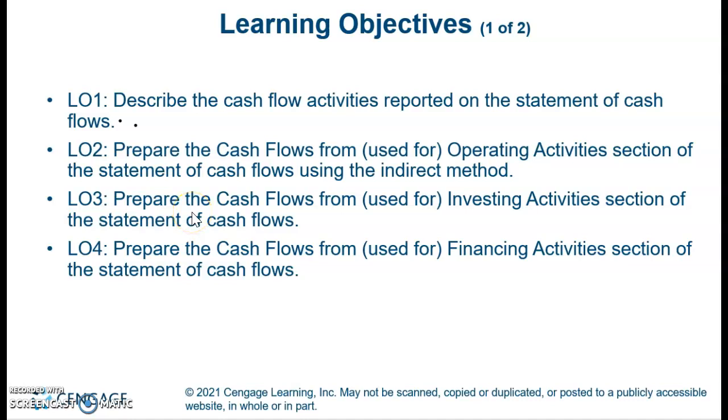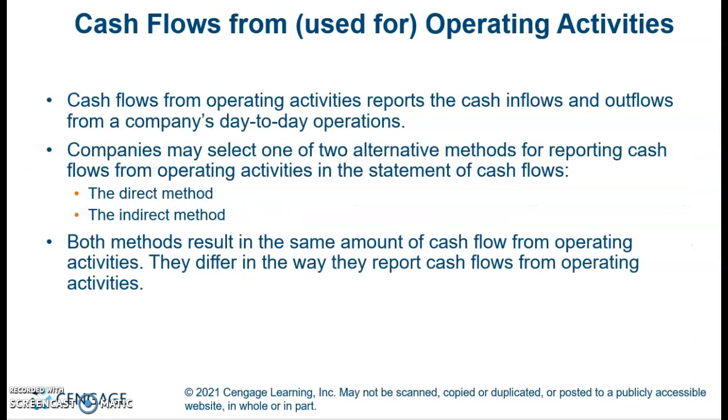In this video, we're going to look at Objective 2, prepare the cash flows from operating activities section of the statement of cash flows using the indirect method. There are two methods to prepare the statement of cash flows.